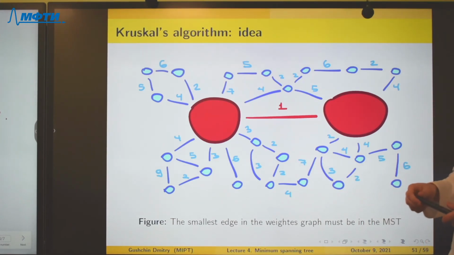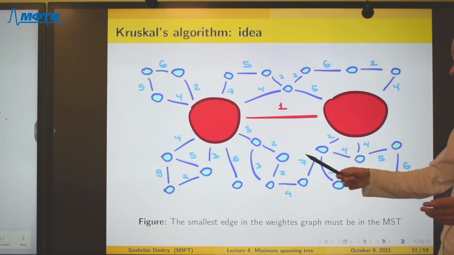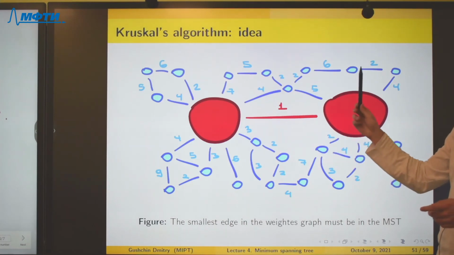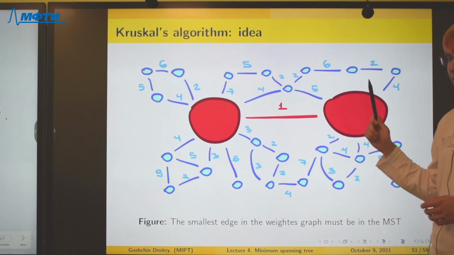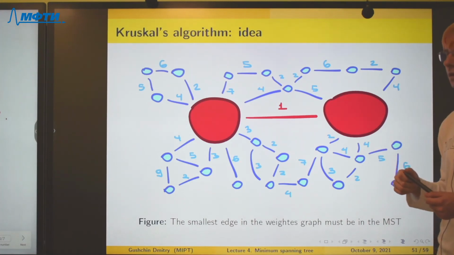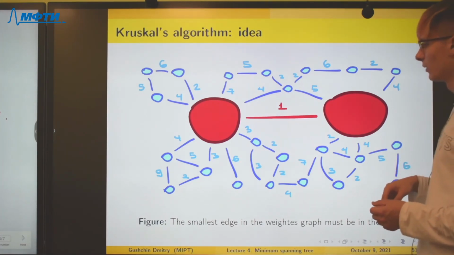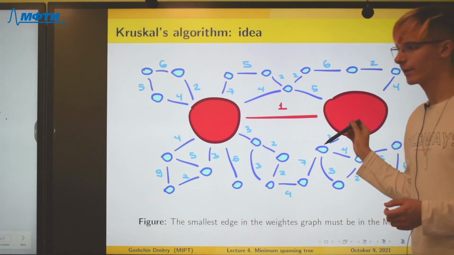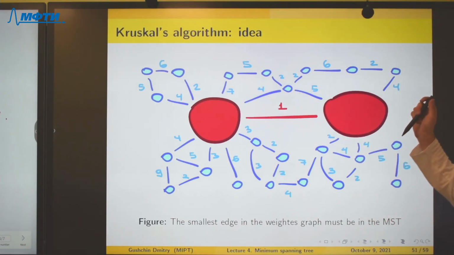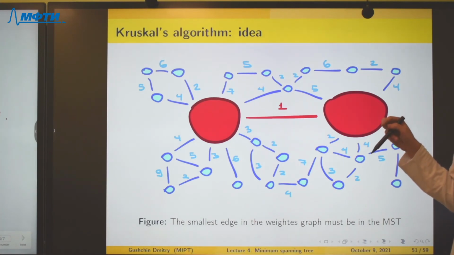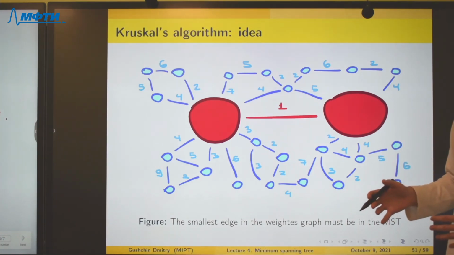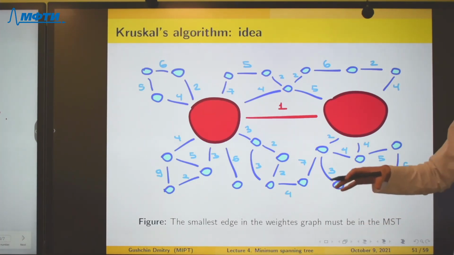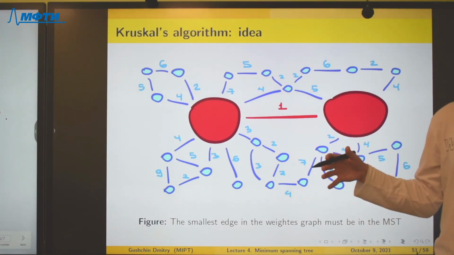For example, we can find the minimal edges in the graph and add them to the minimal spanning tree, because each minimal edge in the graph needs to be in the minimal spanning tree. We add edges with the minimum weight. Then we repeat it until we get a big component that is equal to the minimal spanning tree.